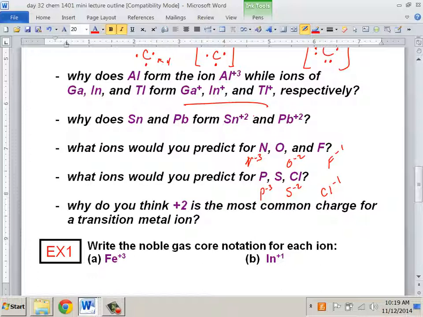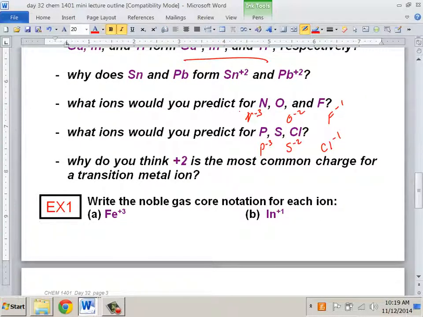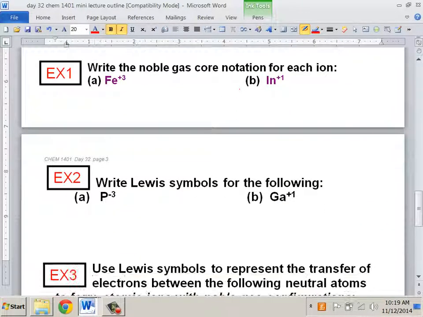They've got the s electrons, the 4s, the 5s, the 6s, the 7s. So there's just 2 electrons there, no matter what the transition metal is, so you can pull those out. That's why it's a common one. Not a very easy answer, but if you ever have to guess, +2 is a good guess for a transition metal.